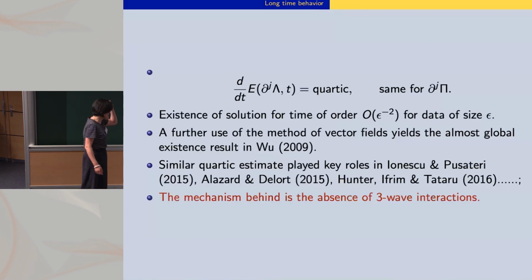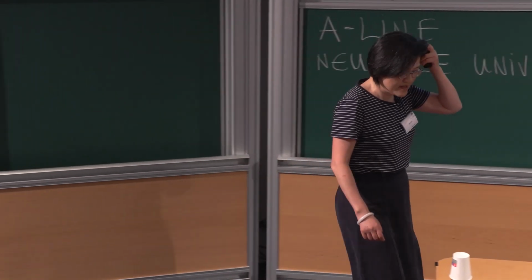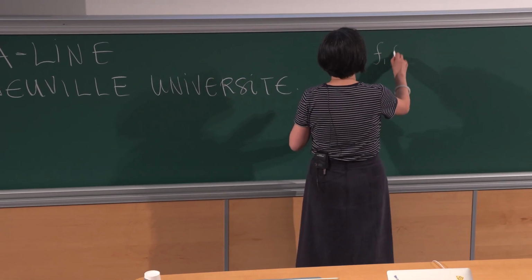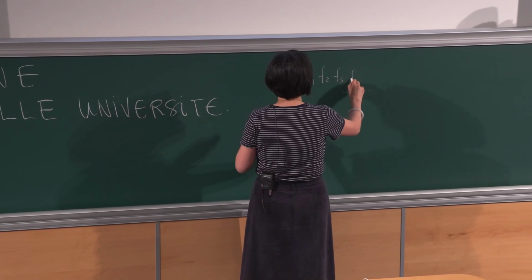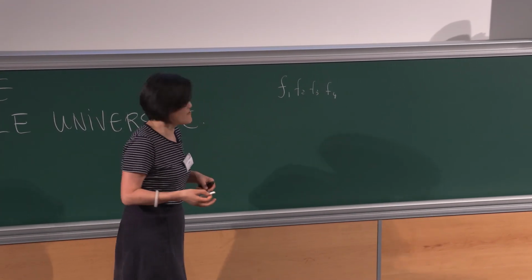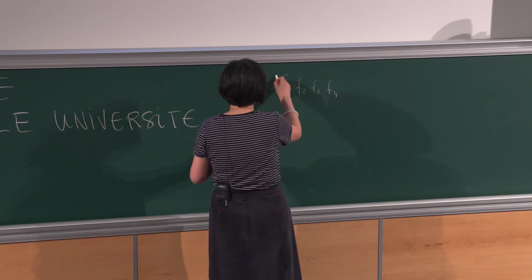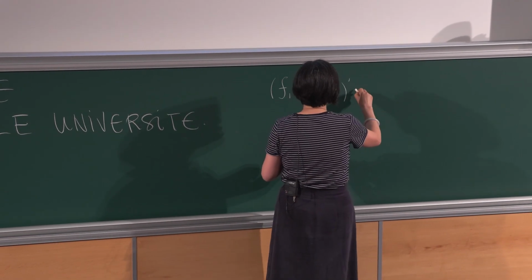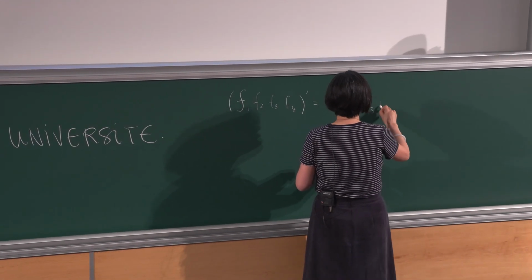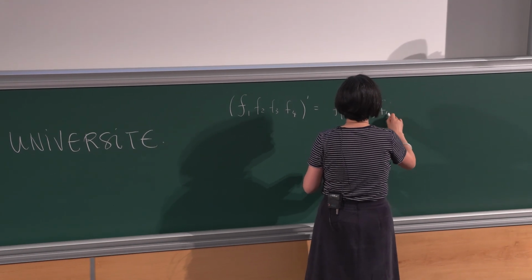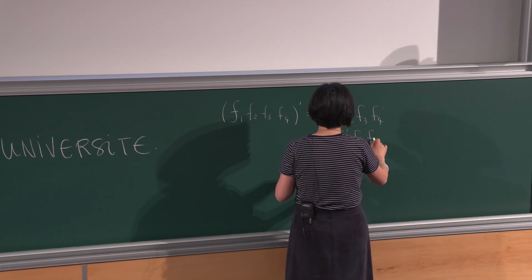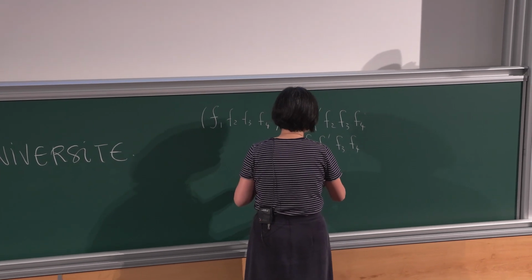Suppose you have a quantity like this. What will be the antiderivative of something like this, the product of 4? If you go in the forward direction and take the derivative of this, you will have derivative on the first term, then derivative on the second term, and derivative on the third term.